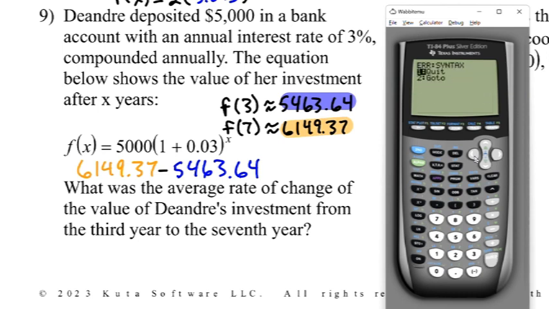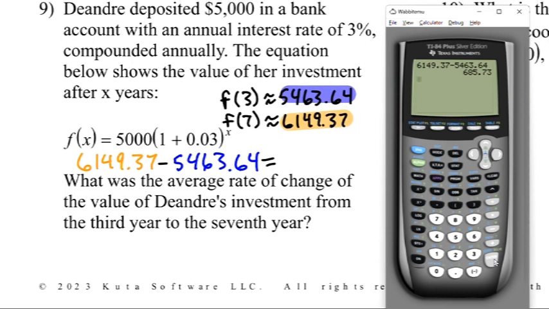And what did I do? Oh, yeah, subtract, not negative. And that's going to equal $685.73.